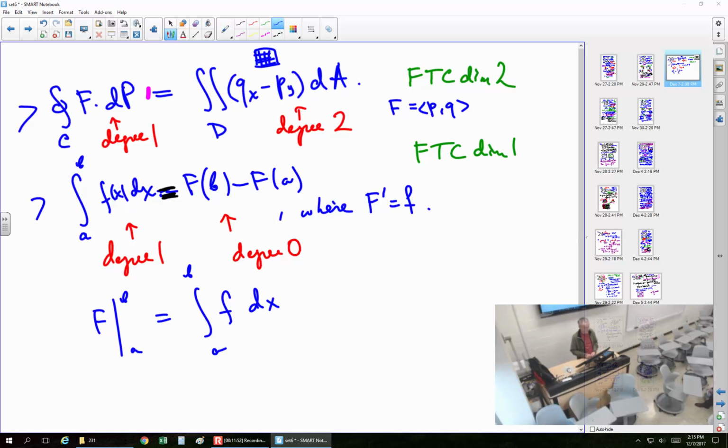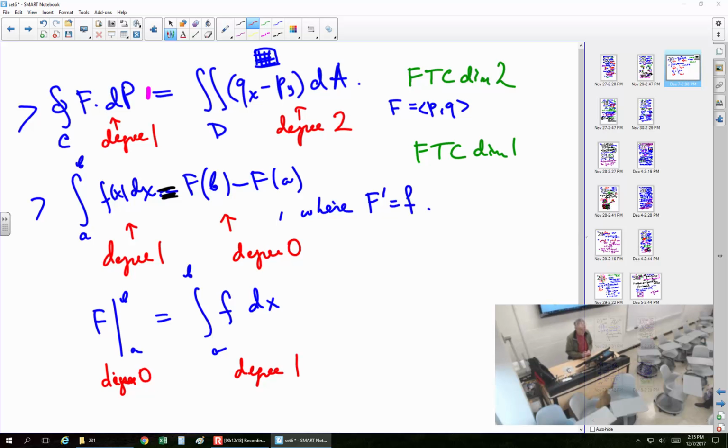As you can see, the capitalization actually matches pretty well with Green's theorem at the top. So once again, we have a match that we're going down in dimension, from degree 0 to degree 1.